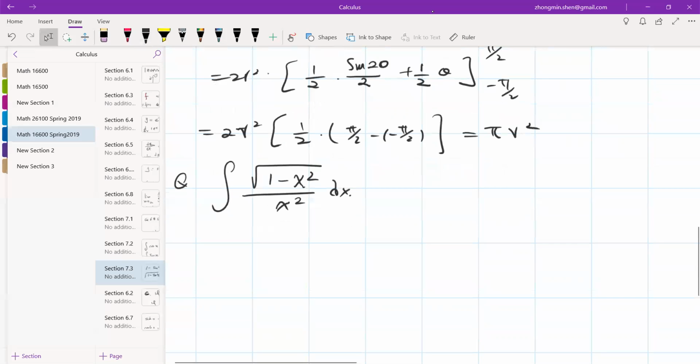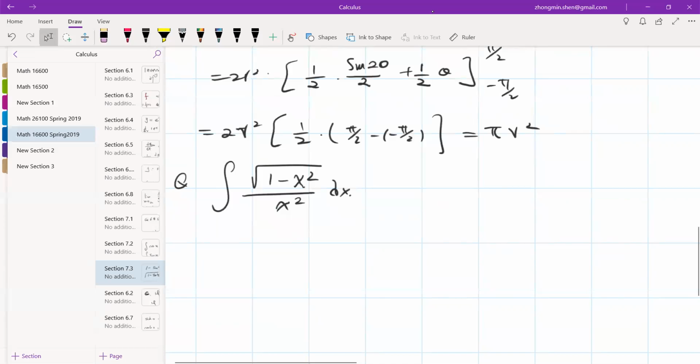This is a more complicated function compared to the previous one, since you have x squared in the denominator. How do you simplify it? How do you evaluate it? We learned integration by parts and other substitutions, but none of them works.